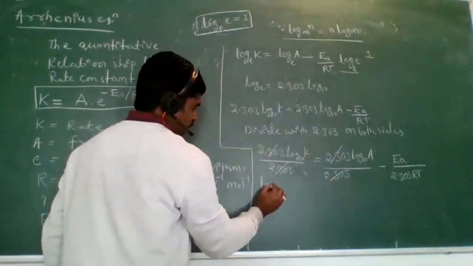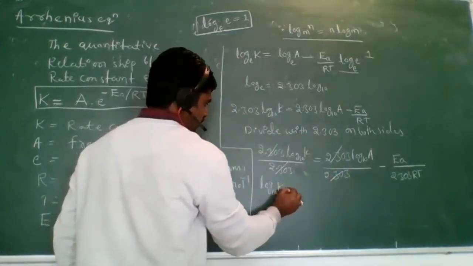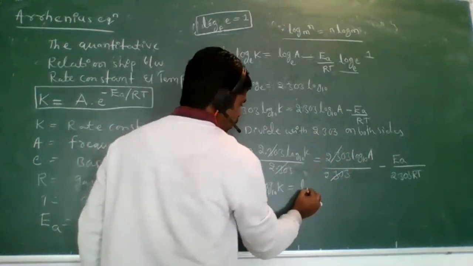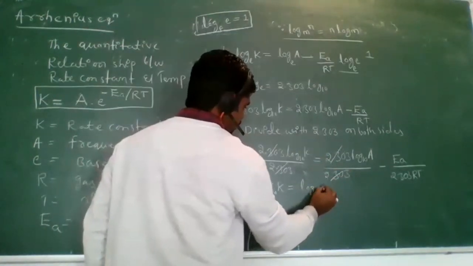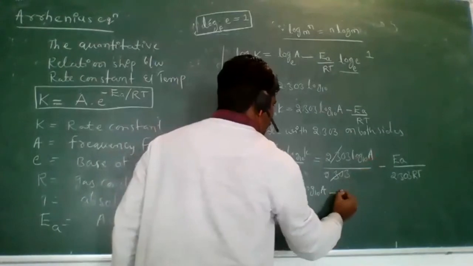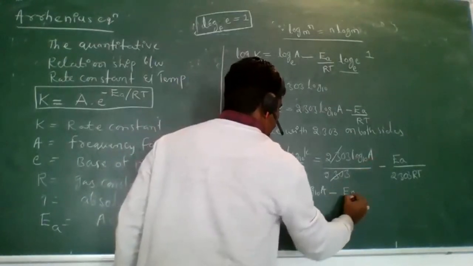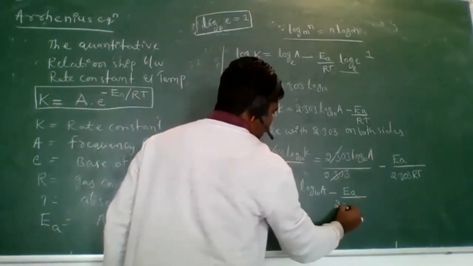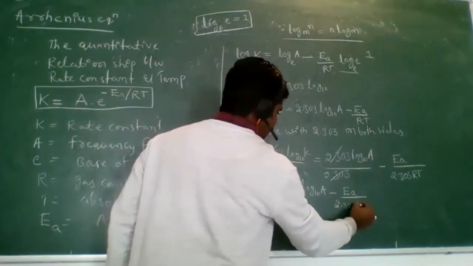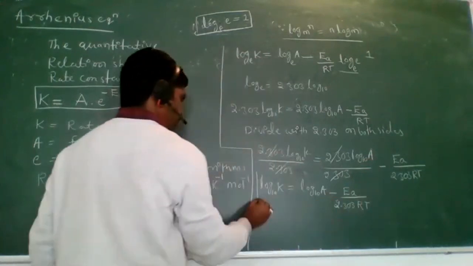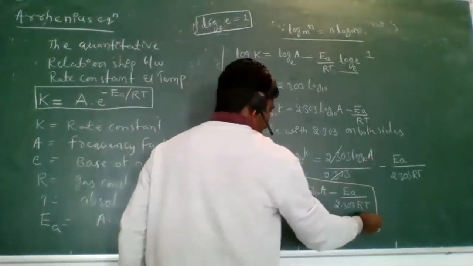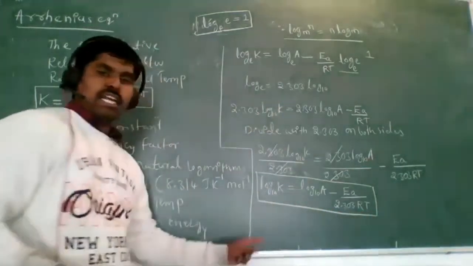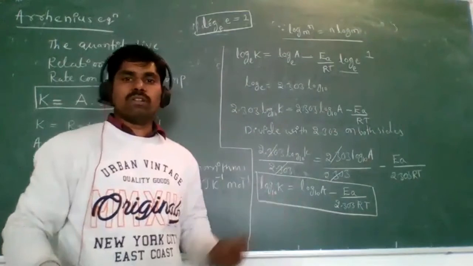Remain log base 10 k equal to log base 10 A minus Ea by 2.303 RT. So this is the Arrhenius equation in logarithm form.